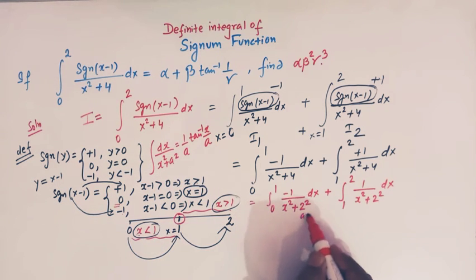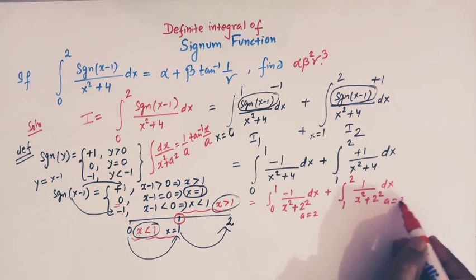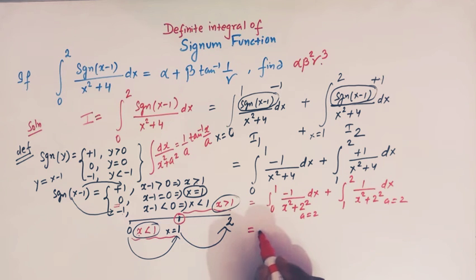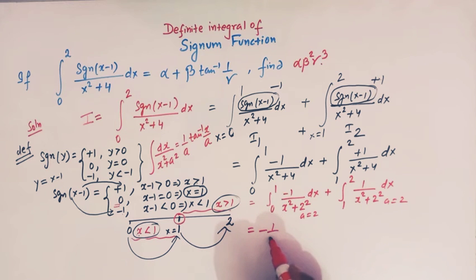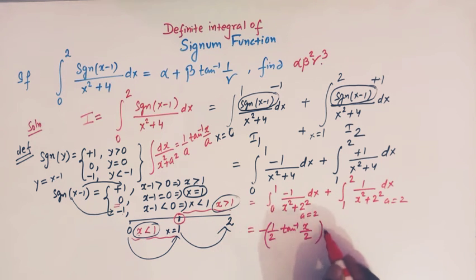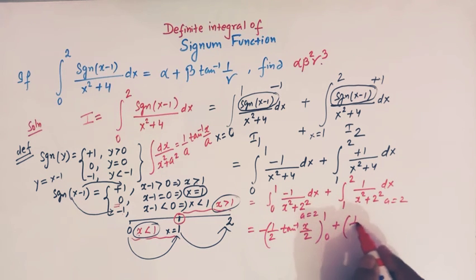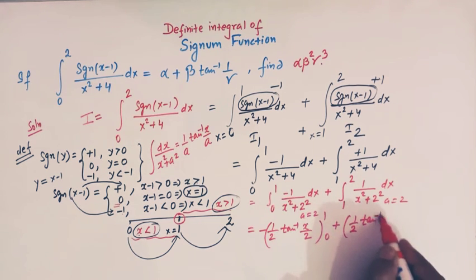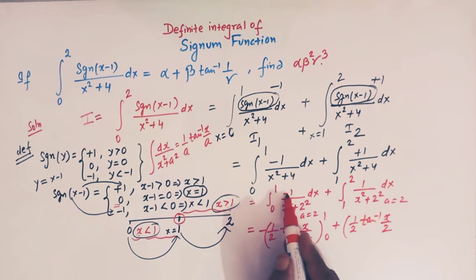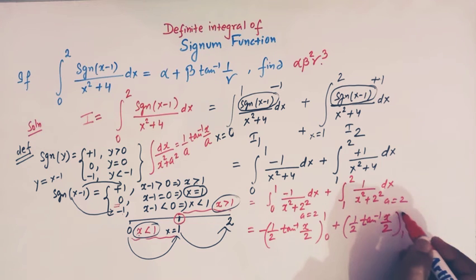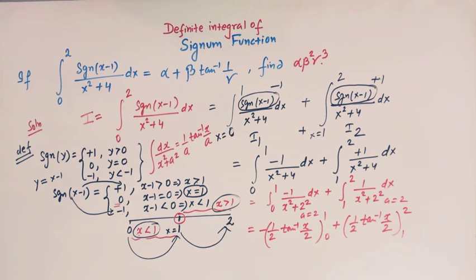So here a is 2, here also a is 2, right? We can take this negative sign outside the integral, so we have minus 1 over 2 tan inverse x over 2, with limits from 0 to 1, and here also we have half tan inverse x over 2, because both the integrands are the same except for the negative sign, with limits 1 to 2, right?